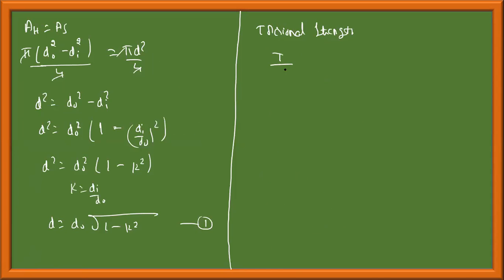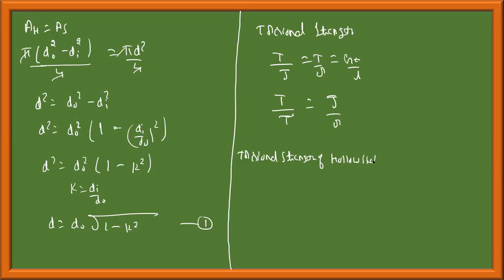Torsional strength is given by T by J is equal to tau by R is equal to G theta by L, or T by tau is the torsional strength, which is equal to J by R. So torsional strength of hollow shaft by torsional strength of solid shaft is equal to J by R of hollow by J by R of solid.